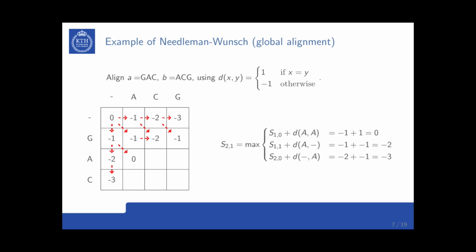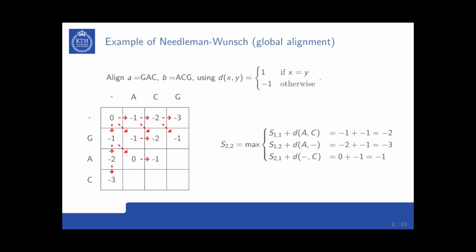Similarly, you can use the score of S11 and add a gap penalty to that. That will render a -2. Or you move horizontally from S20 and add a gap penalty to that. That would be -2 plus -1, and that renders a -3. So the diagonal path was the maximal path in this case, and we record a score of 0 for S21.